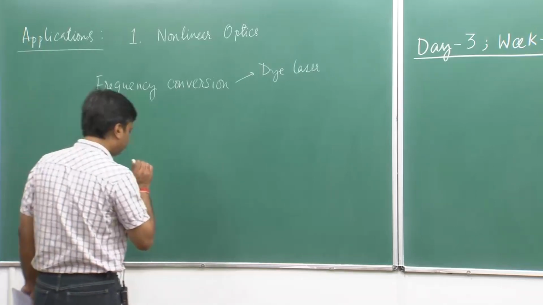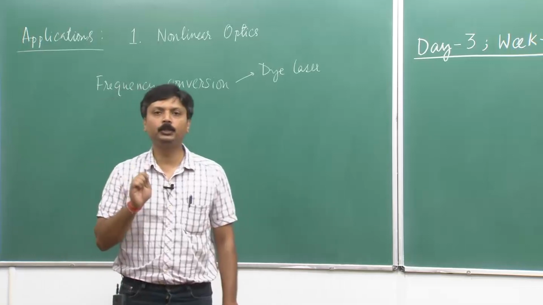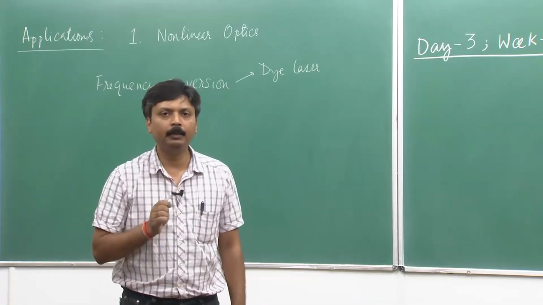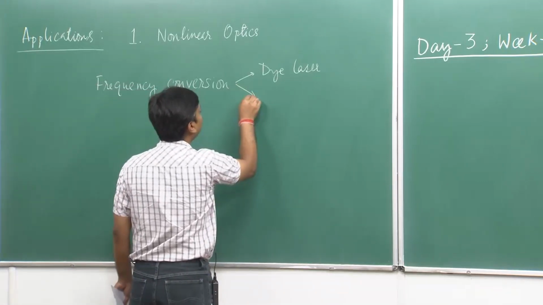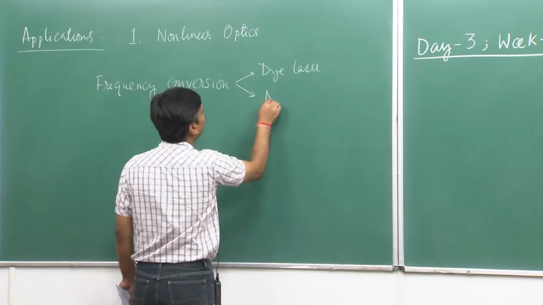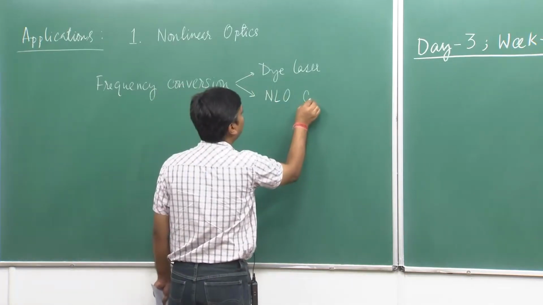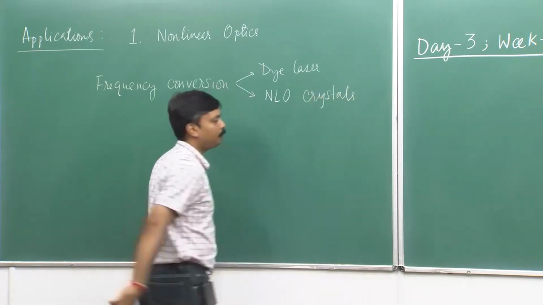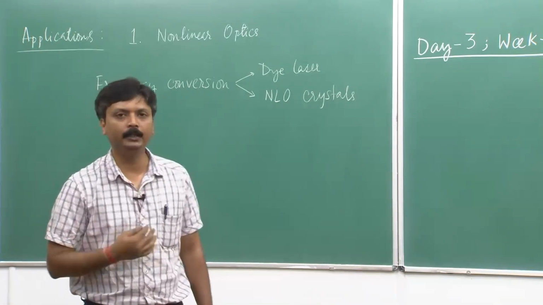But one most used frequency conversion method was based upon using some material called nonlinear optical material, particularly crystals made up of certain materials which are known as nonlinear optical materials.